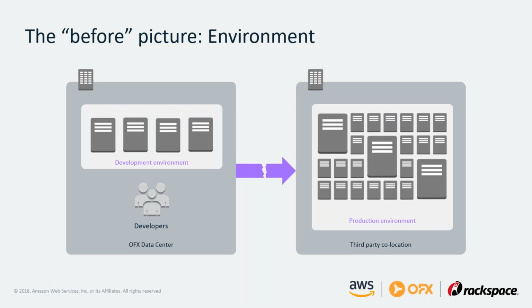Second of all, in their co-located environment, what they had as their development environment was not what they had in their production environment. They didn't look the same. As a developer, a lot of times we'll say, hey, we want this third-party library, or we need this installed, or we need this configuration to happen.